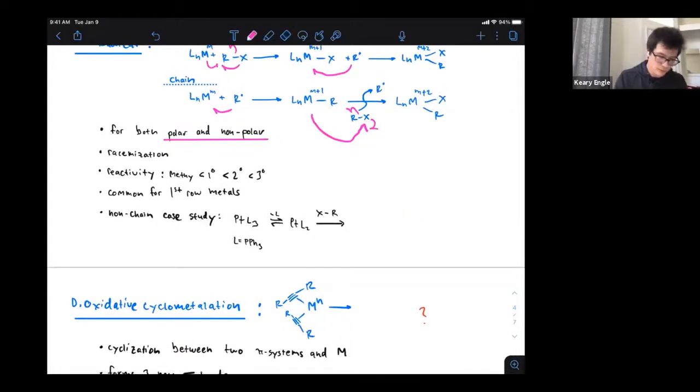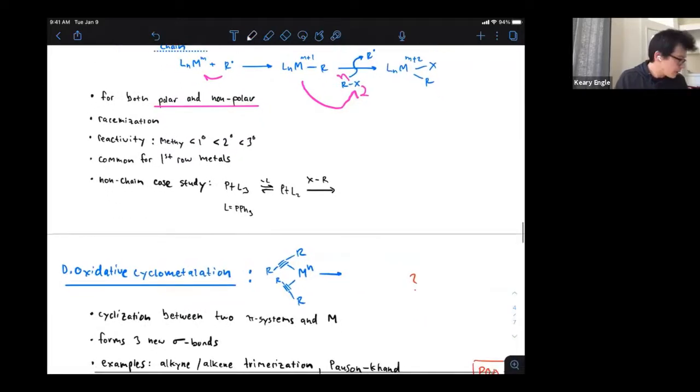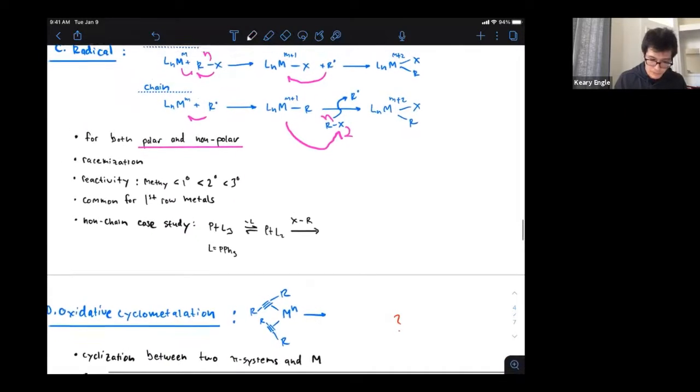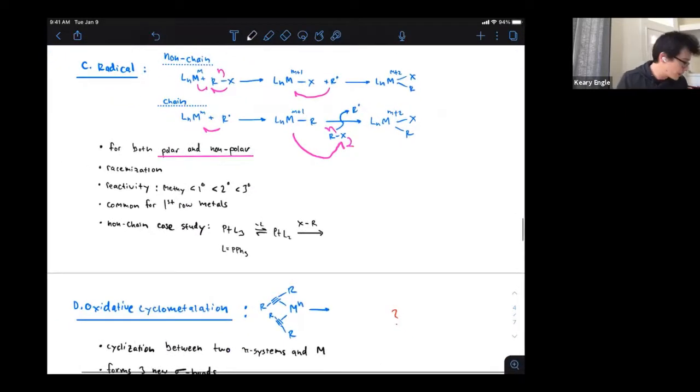And so let's consider quickly one case study. So I said this process is common for first row metals, and then the example I'm going to show you is not a first row metal example.